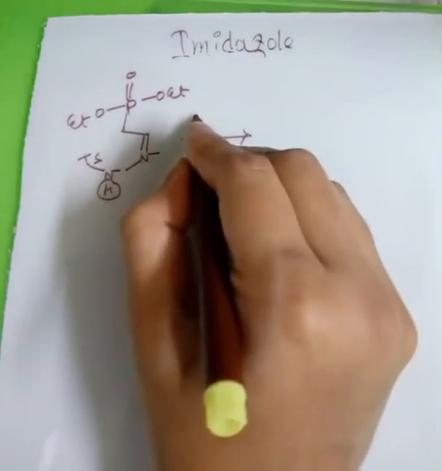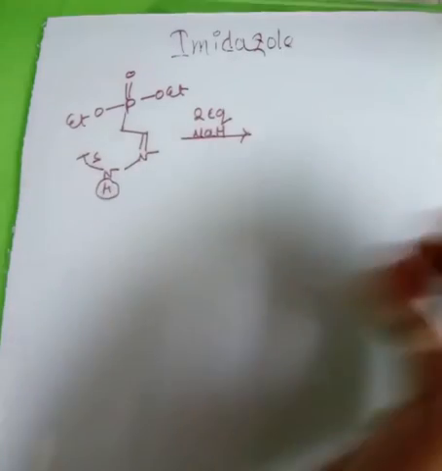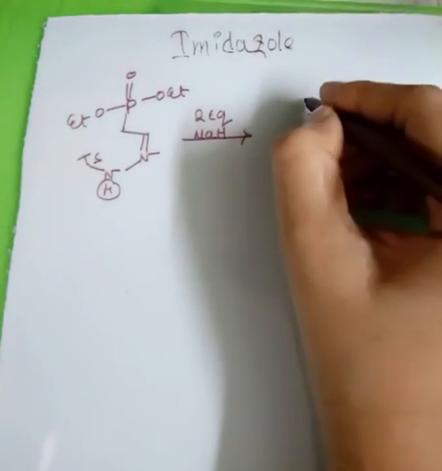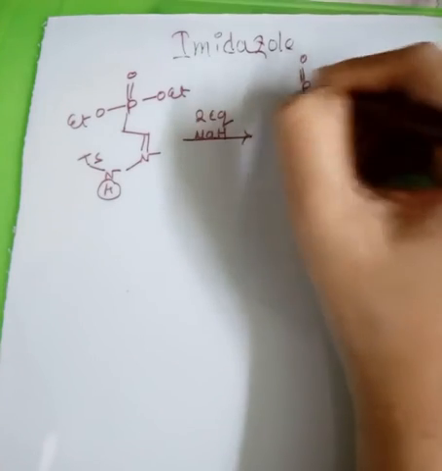If we add 2 equivalents of base, that is sodium hydride, then this proton will be captured by the base and an anion will form.